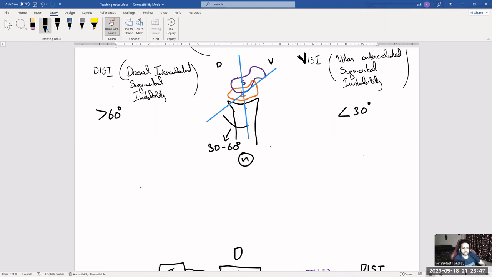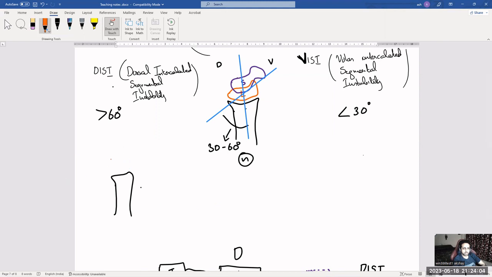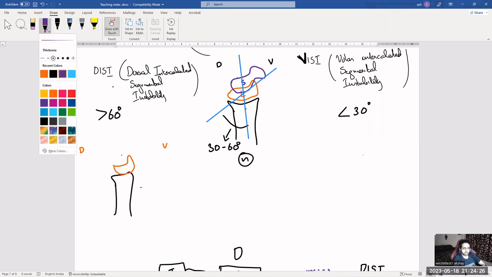Okay. So what happens in DISI? This is the distal radius and the lunate. The lunate, as we saw before, will rock dorsally. So there is some dorsal movement of the lunate. This is the dorsal aspect, and this is the volar aspect. And what happens with the scaphoid?